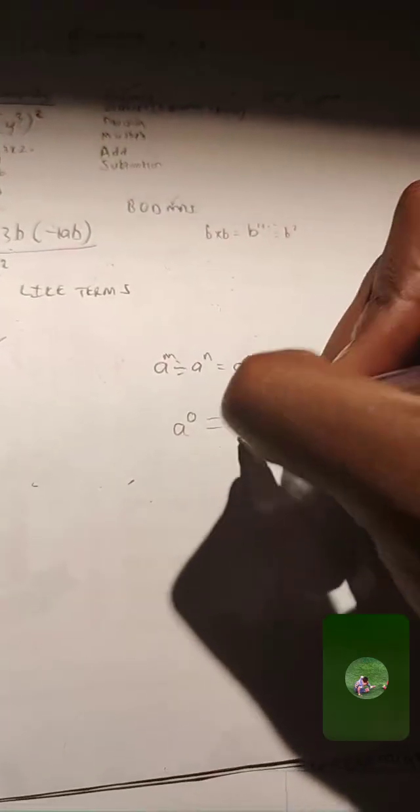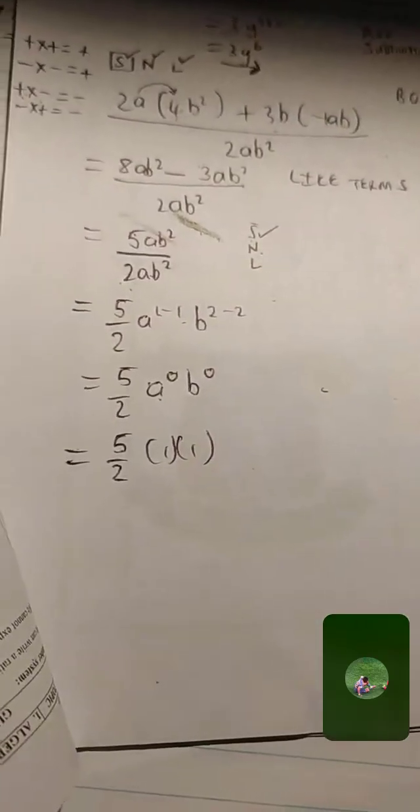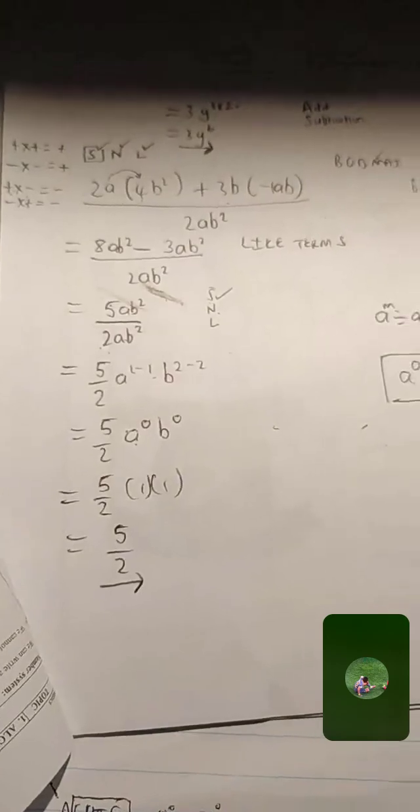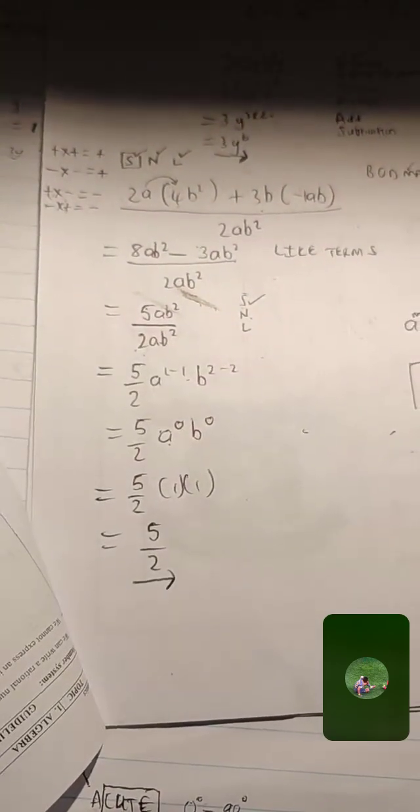Any base raised to the power 0 is equal to 1. So in the place of A to the power 0, we are going to say times 1. B to the power 0 is also times 1. So our final answer is 5 over 2.